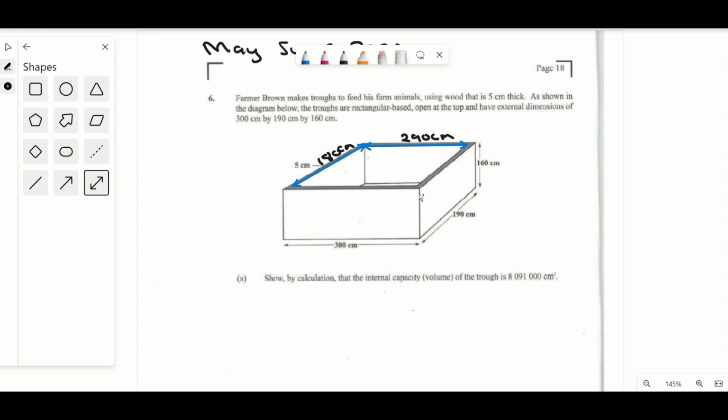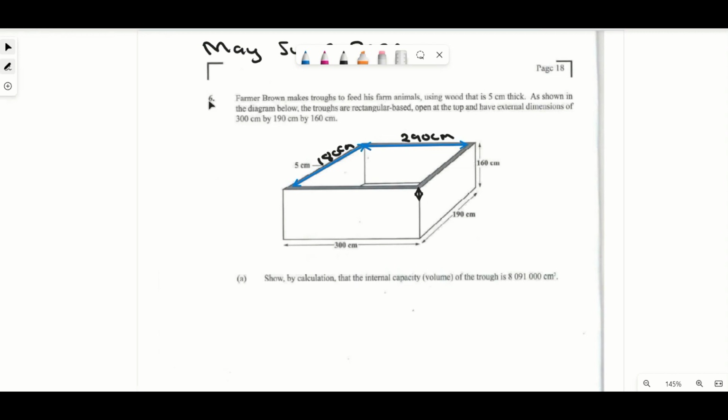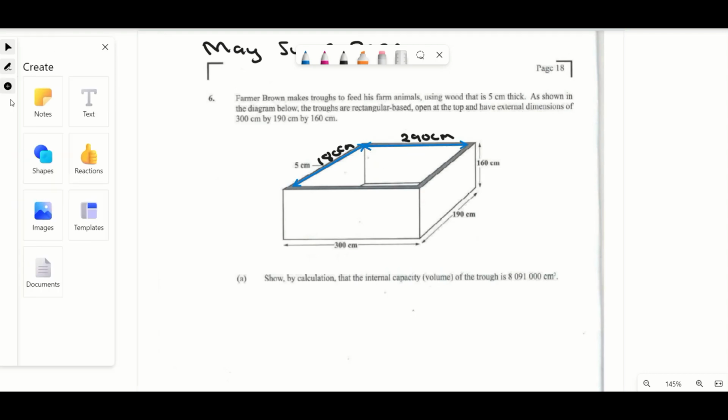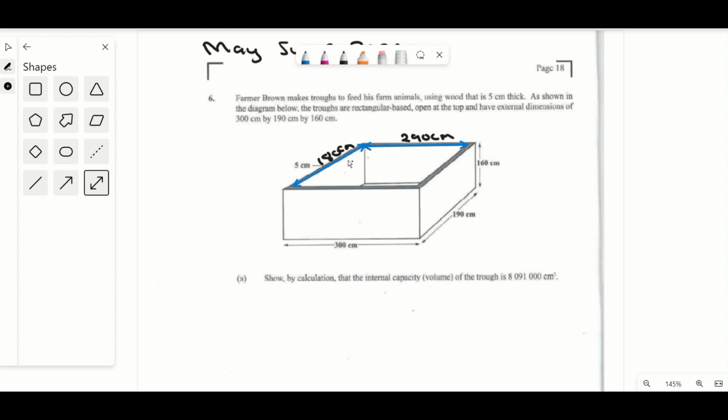So from inside here to down here is not 160, but it is 160 minus 5, which is 155 centimeters. So those are the dimensions for the internal of the truss.